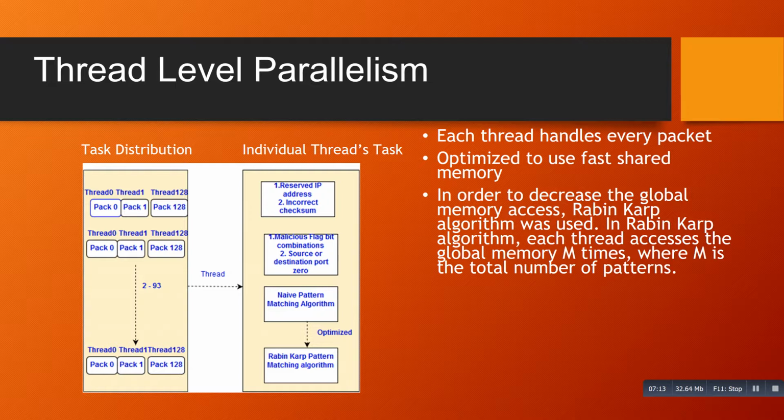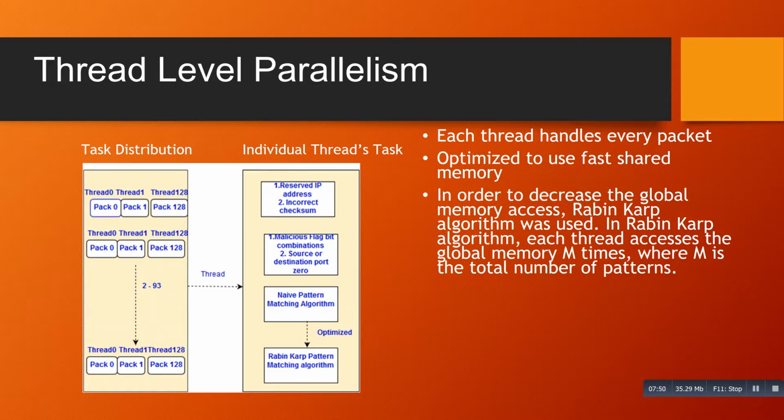If multi-pattern matching is applied using the Rabin-Karp algorithm, every thread has to access the global memory only m times, where m is the number of global memory accesses. So the number of accesses performed to the global memory has been drastically reduced, which was our goal in this.